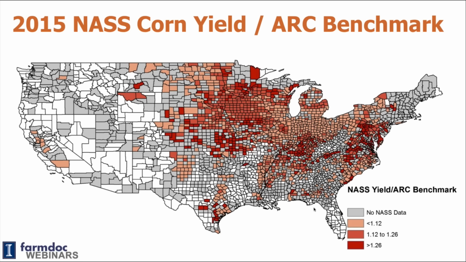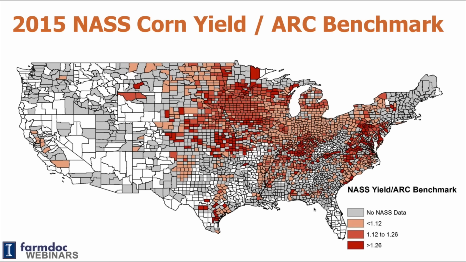The reason I chose these values is that, given the low prices we have, we can see yields above the benchmark and still triggering payments. In fact, for corn, your county had to have a yield at least 26% above the benchmark yield before the ARC payment would go away or go to zero.